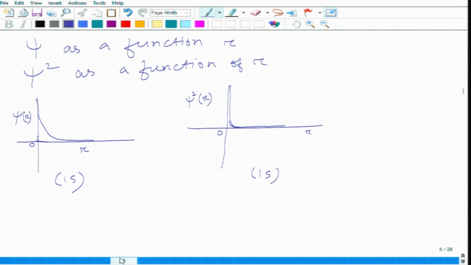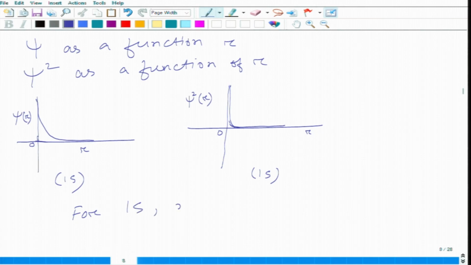So for 1s, we see that the graph of probability density never touches 0. It continues. So for 1s, there is no node.